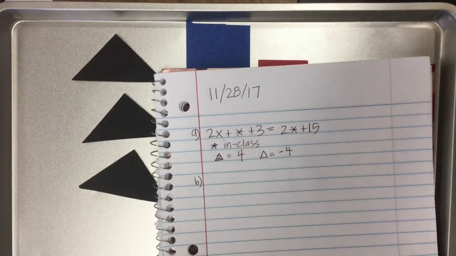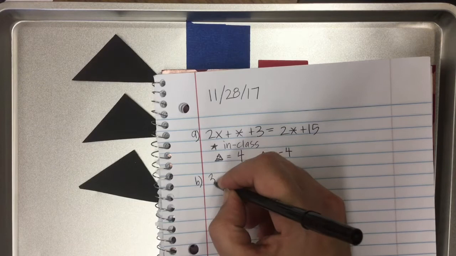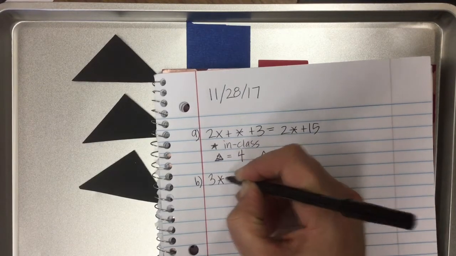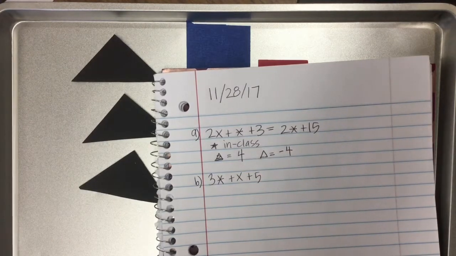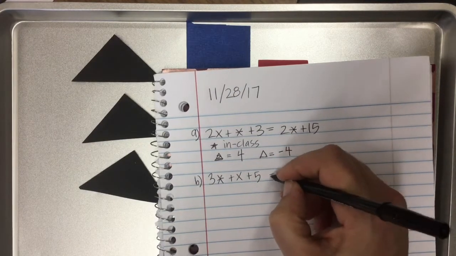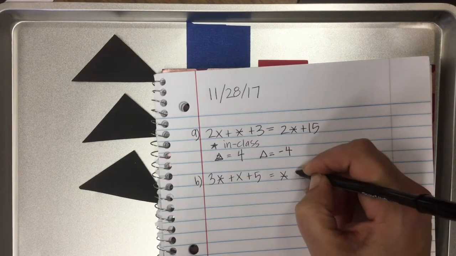All right, while we're in our notebooks, let's go ahead and record letter B. Letter B is 3 star plus X plus 5 equals star plus 12. Okay.